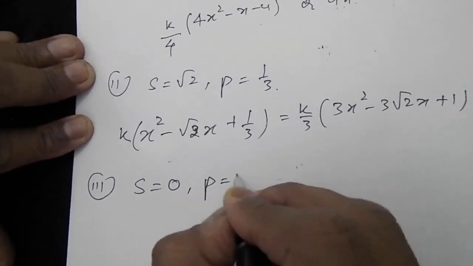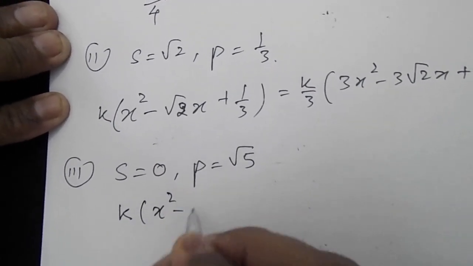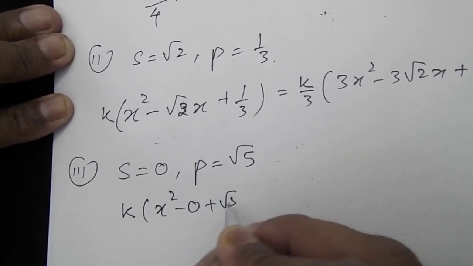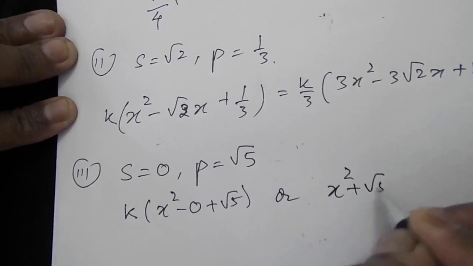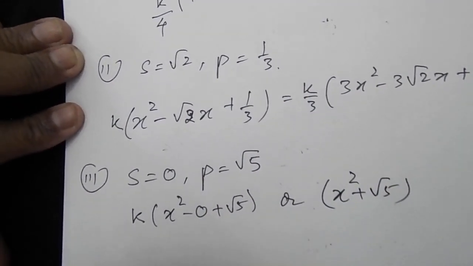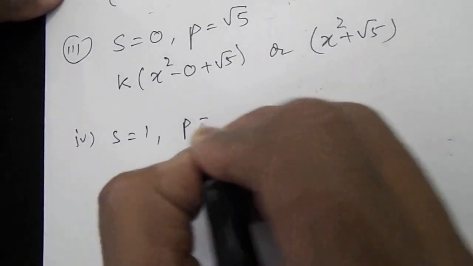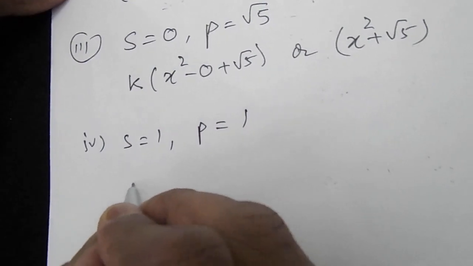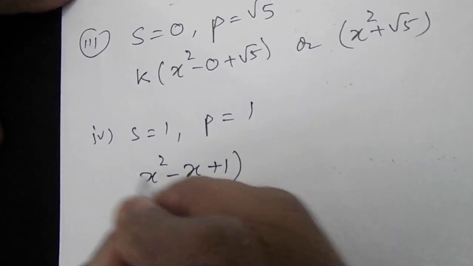The product is given as root 5. So this is k times x square minus 0 plus root 5. So we can rewrite this as x square plus root 5. So this constant we can remove from the polynomial. There is no problem. Sum is given as 1, product is also given as 1. So the polynomial is x square minus x plus 1.